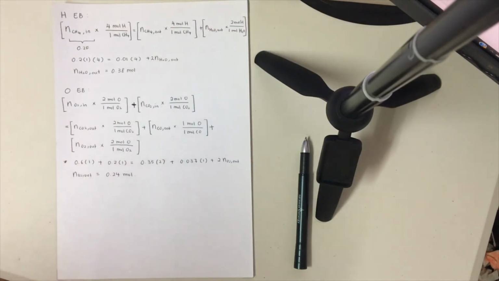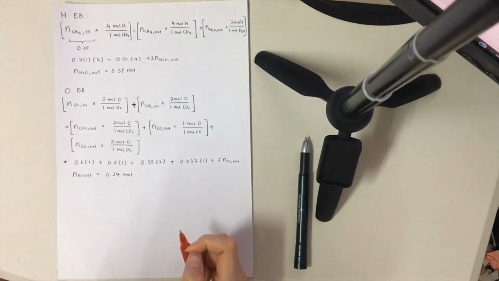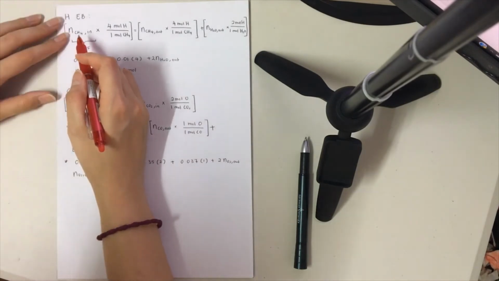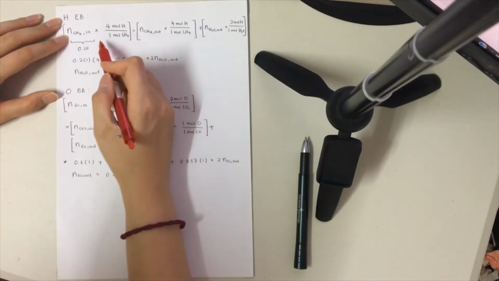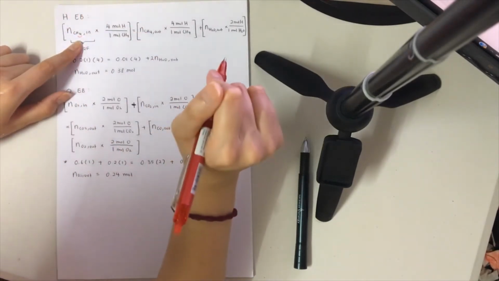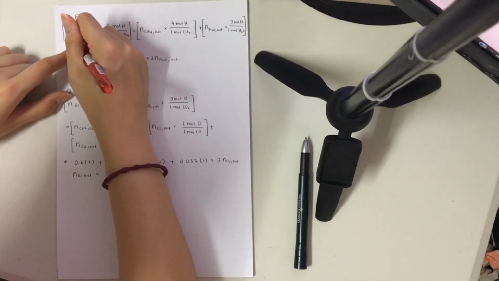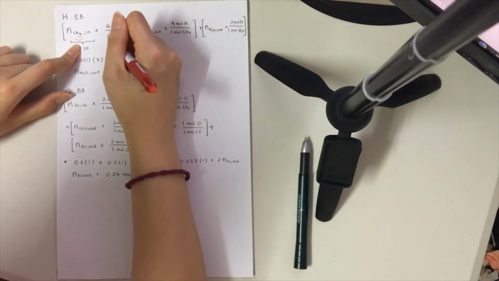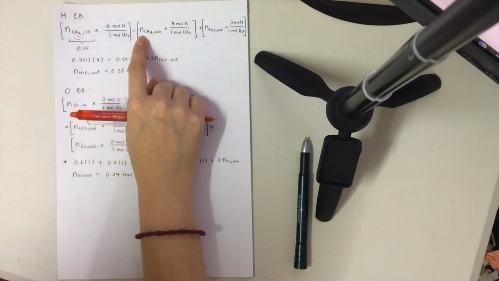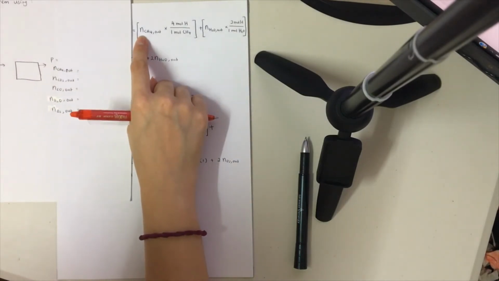Next, we will do the H element balance, which is the hydrogen. So hydrogen is found in CH4 in the feed, and you see there's 4H per mole of CH4, so times 4. And what else coming out has an H?